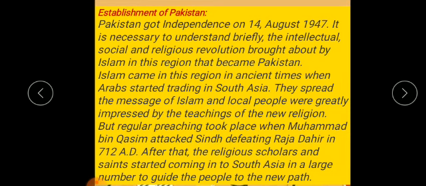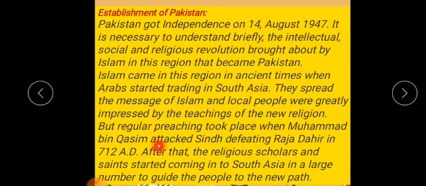Why he attacked is another topic that will be discussed, so we are not going to that topic. Here we only see that after Muhammad bin Qasim attacked Sindh, the regular preaching started.